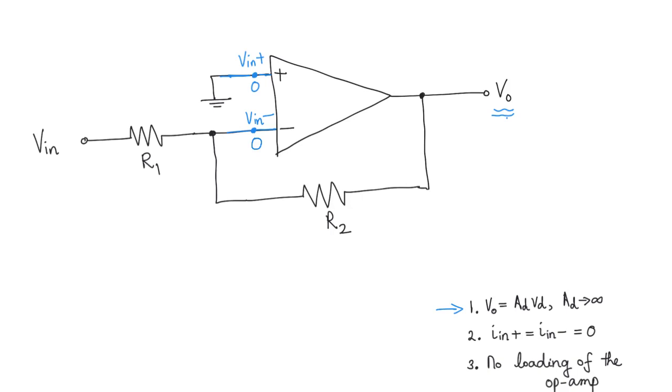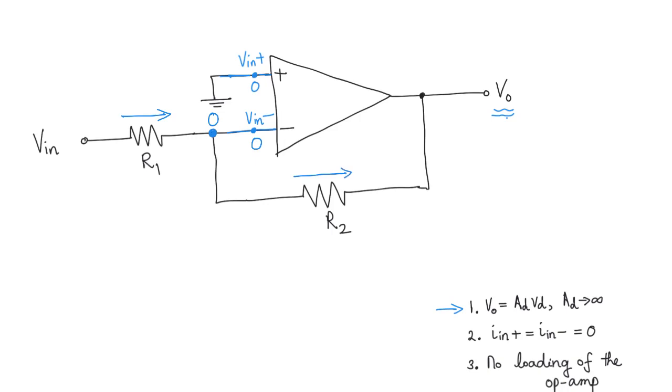Now we know the voltage at this point is 0, which means this is the same point, so the voltage at this point is 0. So we could write the equations for the current through R1, and we could write the equations for the current through R2, right?